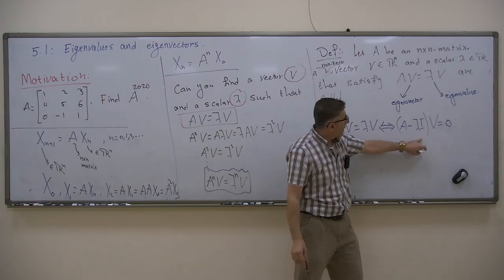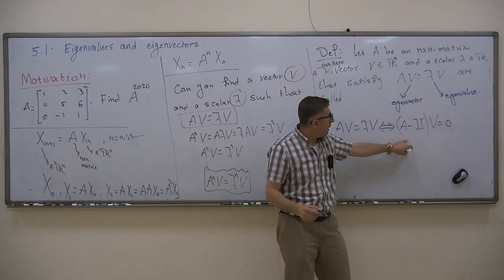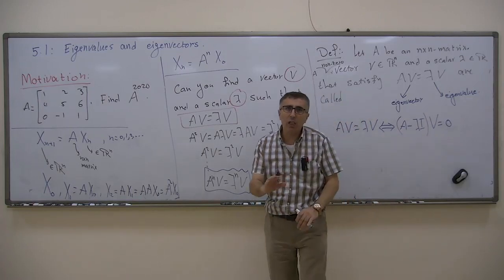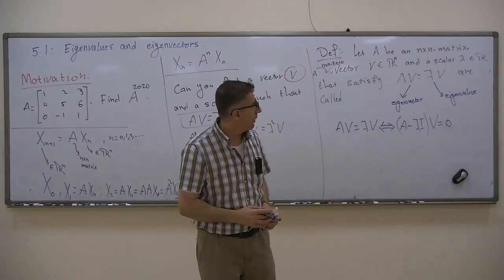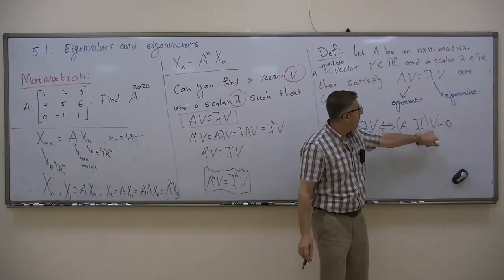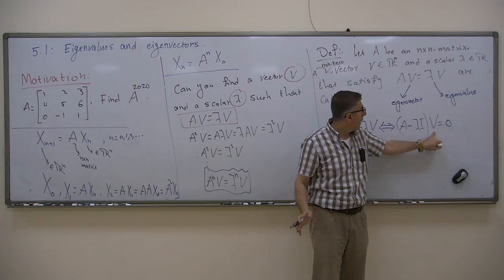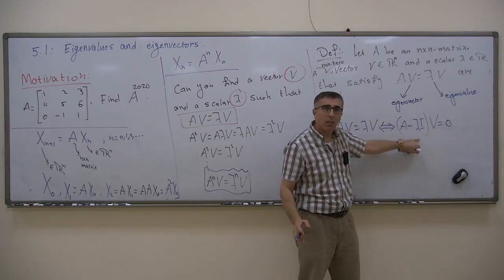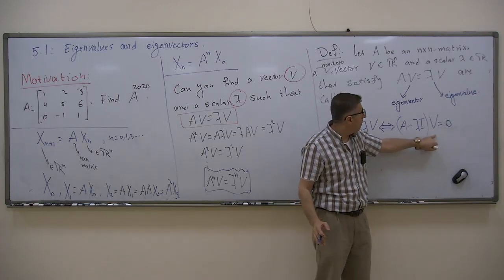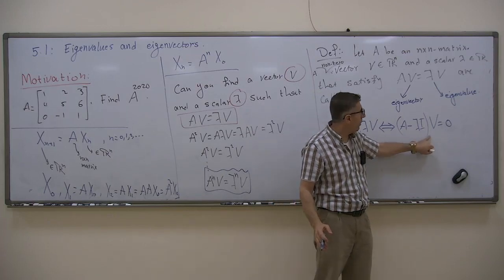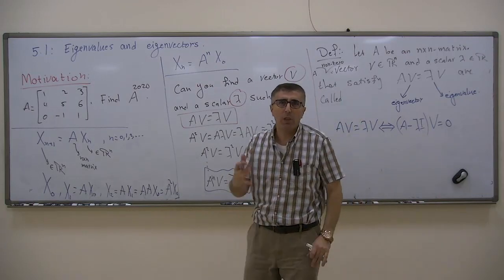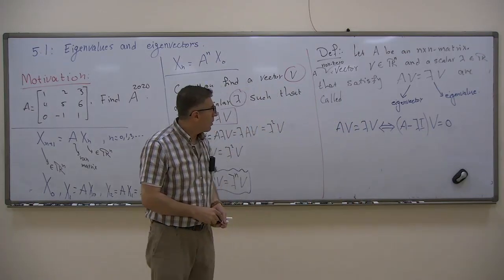So look at this. What do we have here? Here we have a homogeneous linear system. V here is a vector I don't know, and this here is a matrix. So how do you solve this? Well, we know this from chapter 1. What do we want?